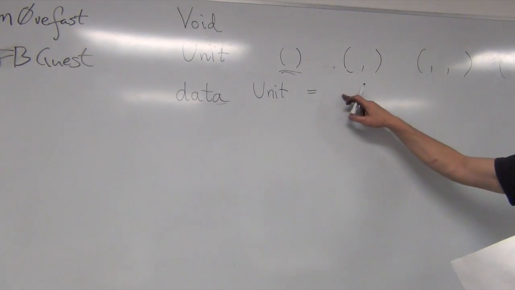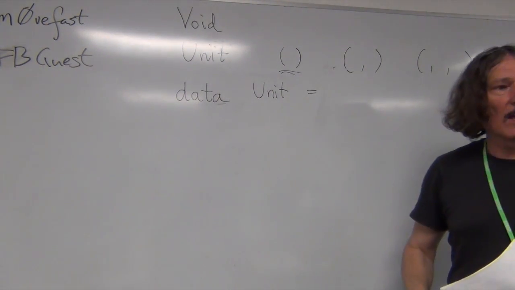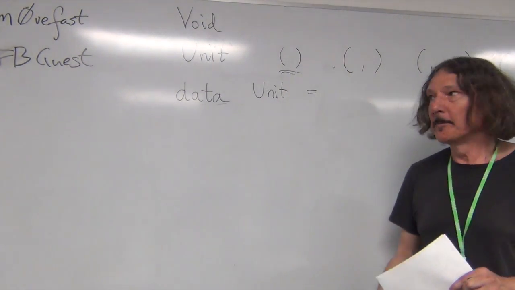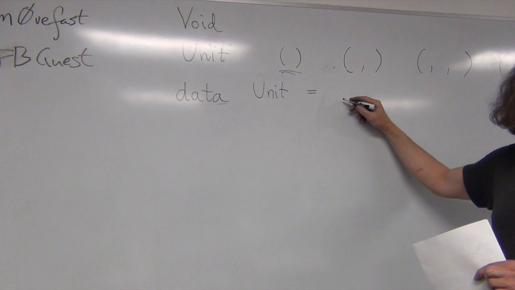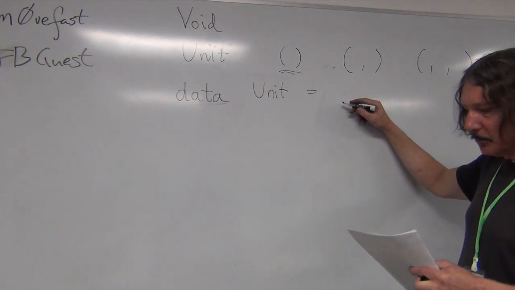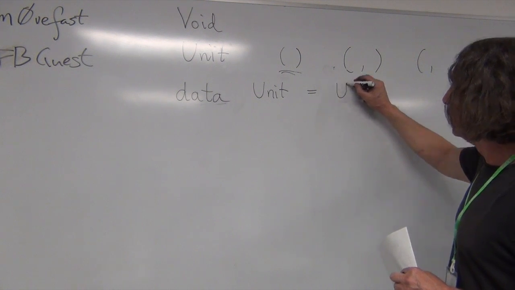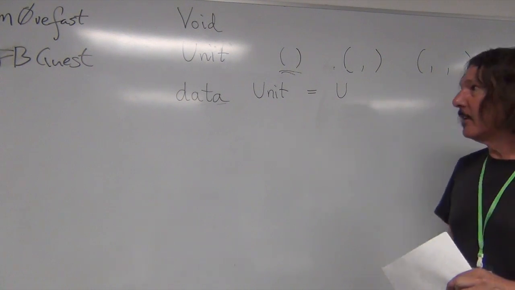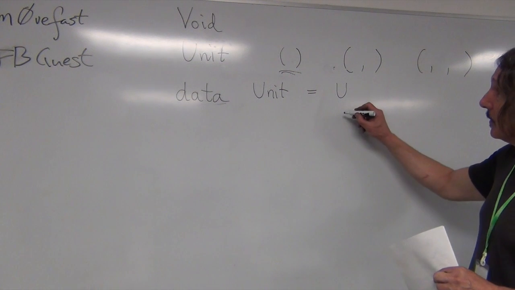Now, this is the type, and you have to say how to construct a unit. So here's the type, and here's the constructor for it. We can call the constructor U. If you want to construct a unit element, you will use this.